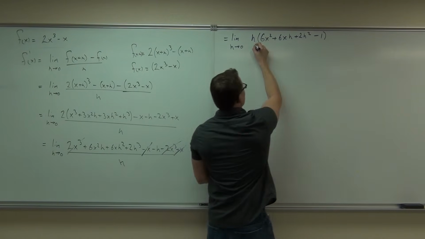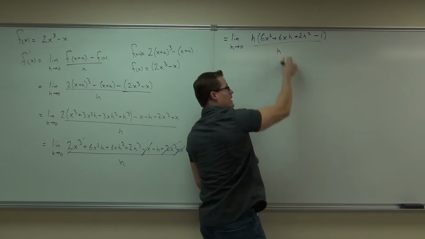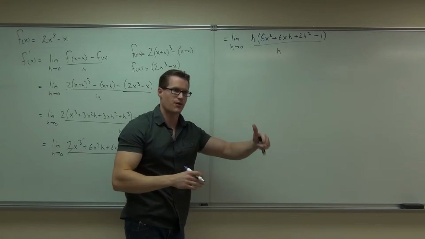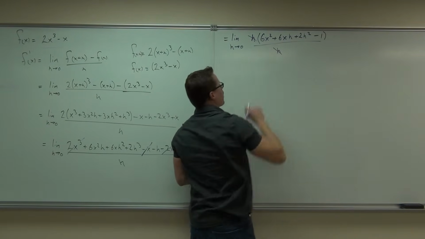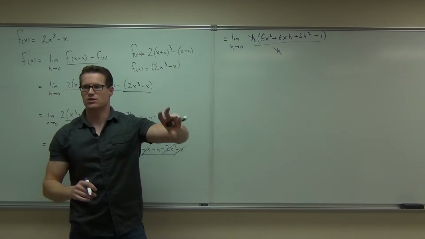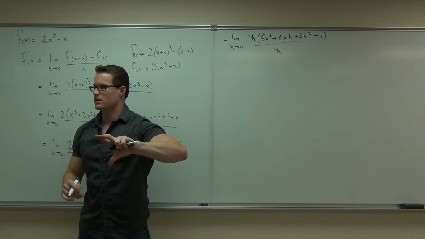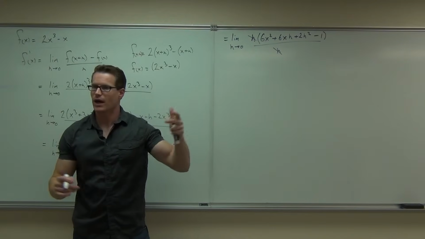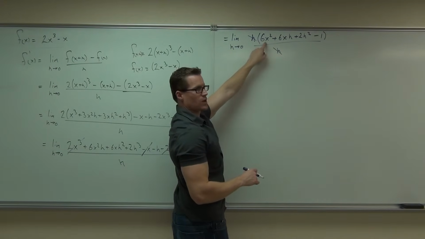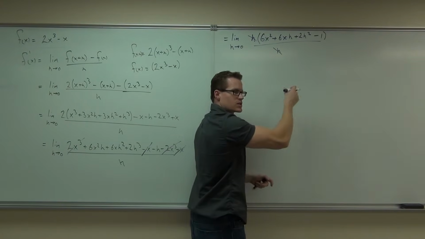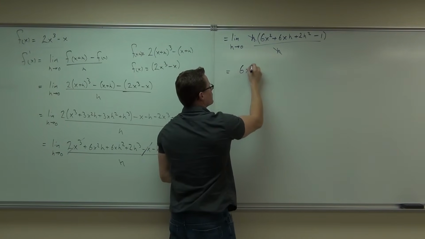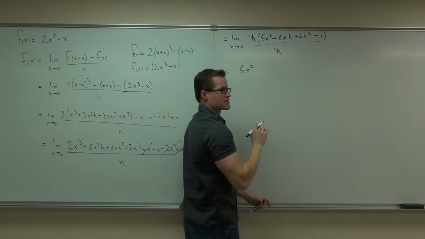Cool. Reason why this works, now you have the h over h. As soon as you can factor, you can simplify that out. You can't do it before then, but now we can simplify those h's away. Are you now able to plug in h equals 0 and get something out of it? Sure, let's do it. Do I still have a 6x squared? Yeah, that doesn't have an h attached to it, so 6x squared is right there. How about the plus 6xh?